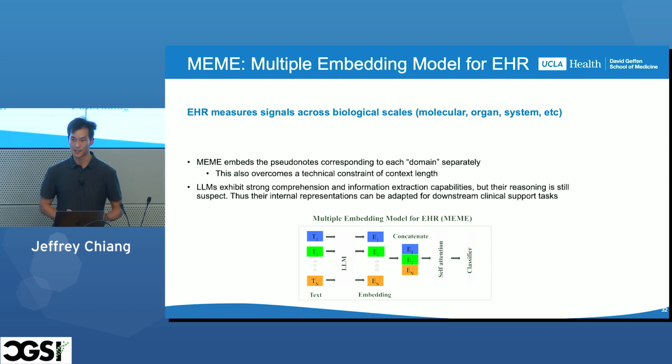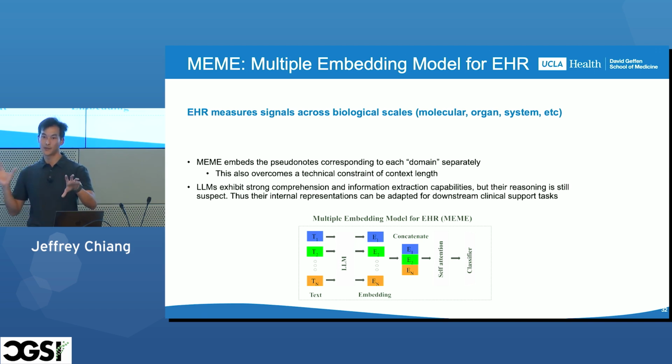It may make sense to separately represent molecular level measurements, say blood tests, from system level measurements like diagnostics or interventions like specific medications that were given. So in this case, we introduced the multiple embedding model for EHR, or MEME, where we generate pseudonotes for each type of electronic health record data and feed them into separate embedding models and then concatenate them.